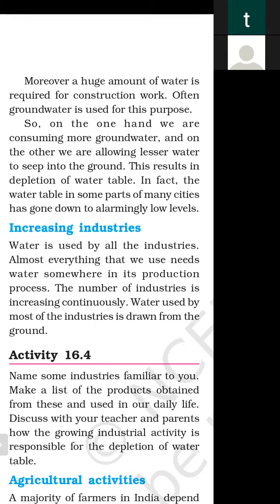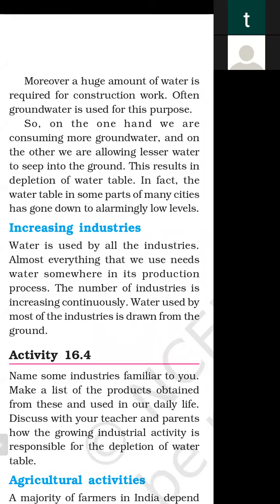There are many places where underground water is so deep that it is impossible to pump out that water from that water table.